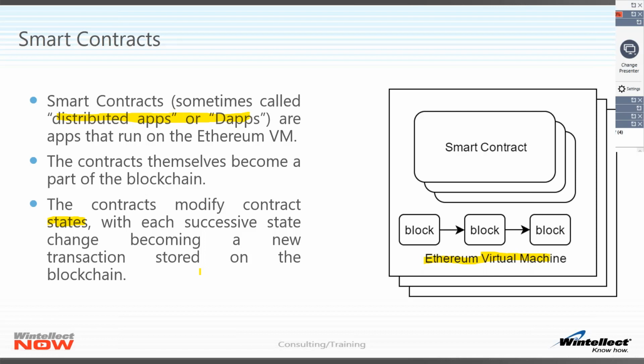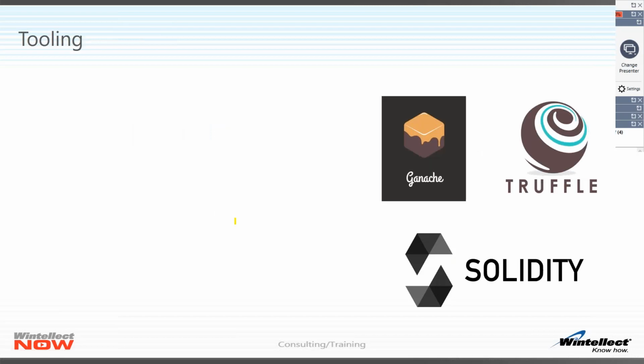So the contract modifies the contract state with each successive change. A new transaction is stored on the blockchain, but it doesn't go back and erase the old transactions, so you can go back and validate that everything was as it was before the new transaction was added to the blockchain. So that's kind of how smart contracts work.